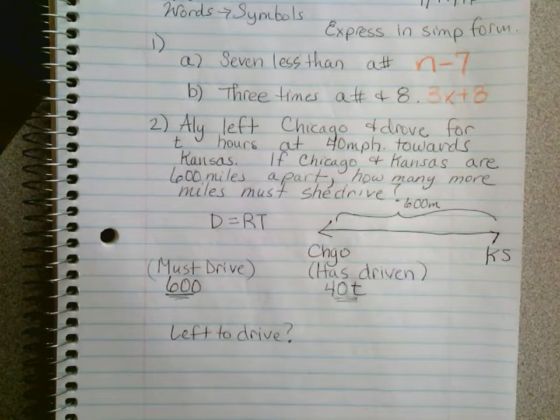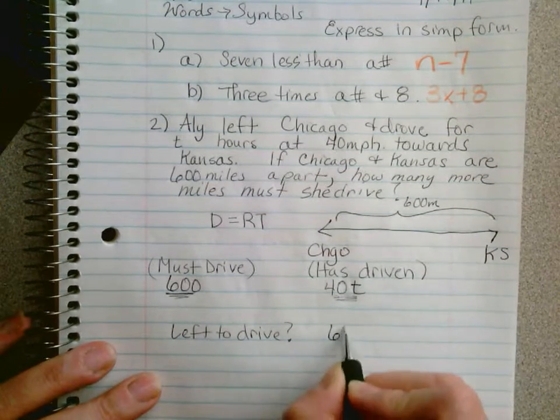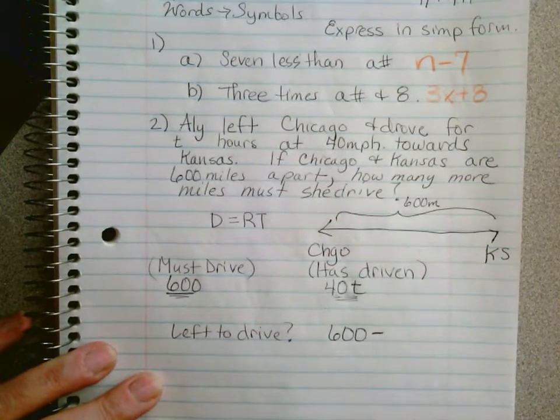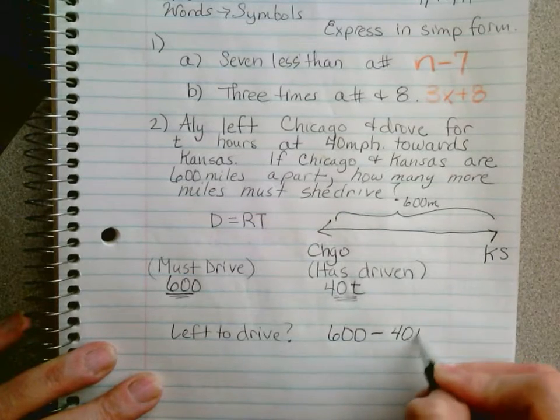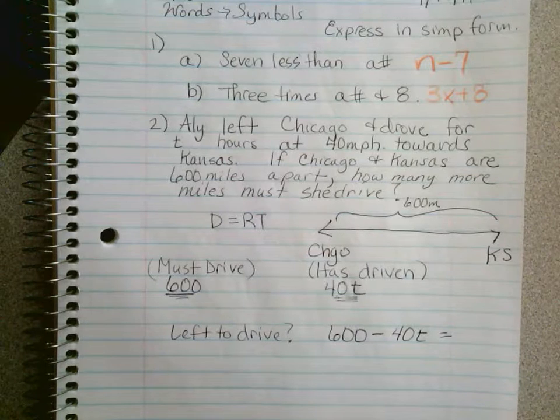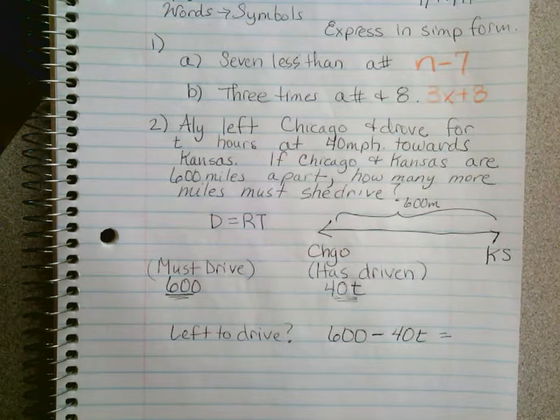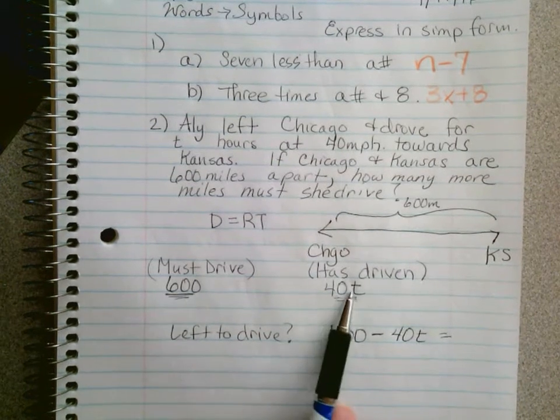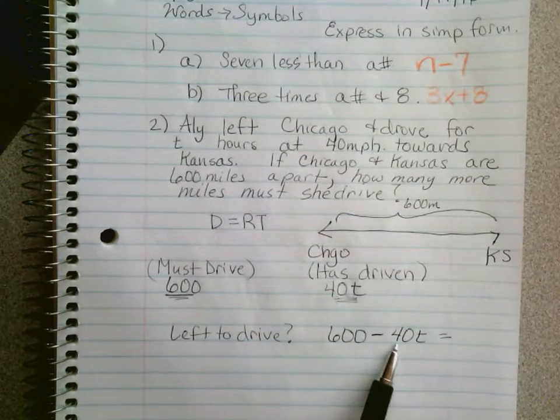Jazz? She's right. So I need to drive this. I've already driven this. That gives me what's left. Great job. It wasn't abundantly obvious until you saw that if you know what you need to do and you know what you've done, you can extrapolate.